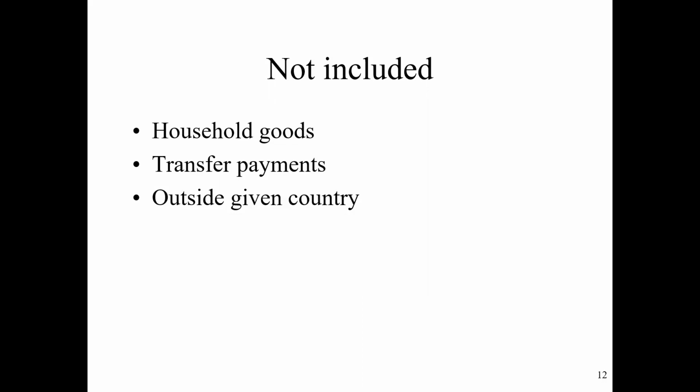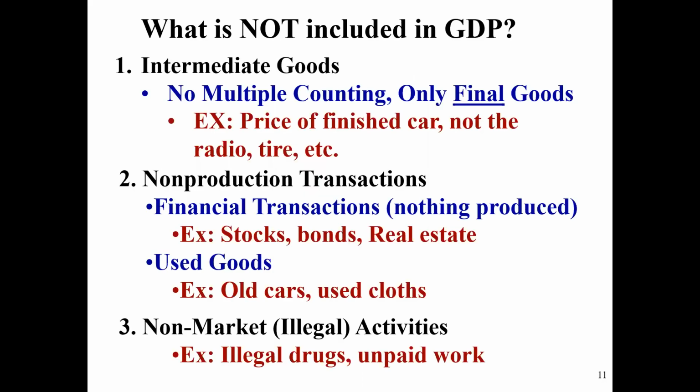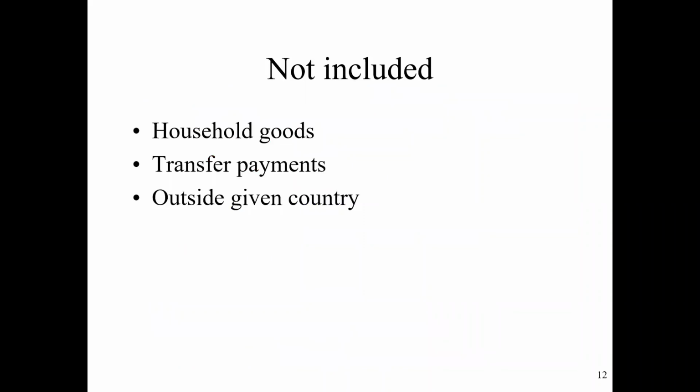And then anything made outside the country. Again, what's not included? Intermediate goods, non-production transactions, stocks and bonds, all right? Illegal activities, household goods, transfer payments, and anything made outside the country.